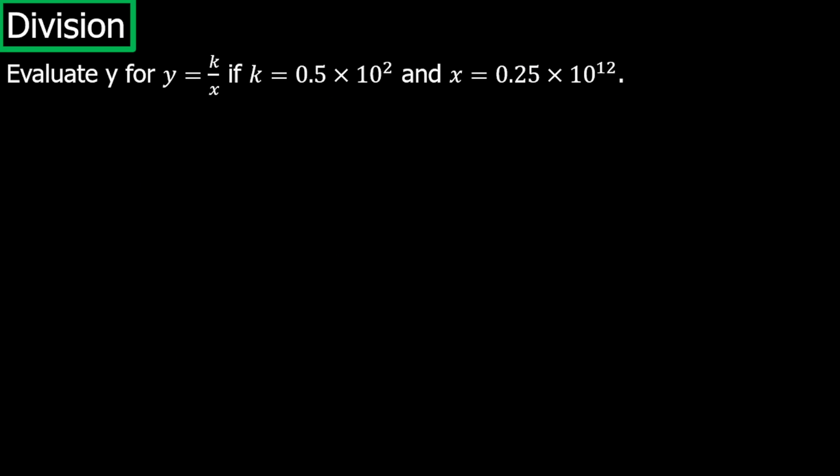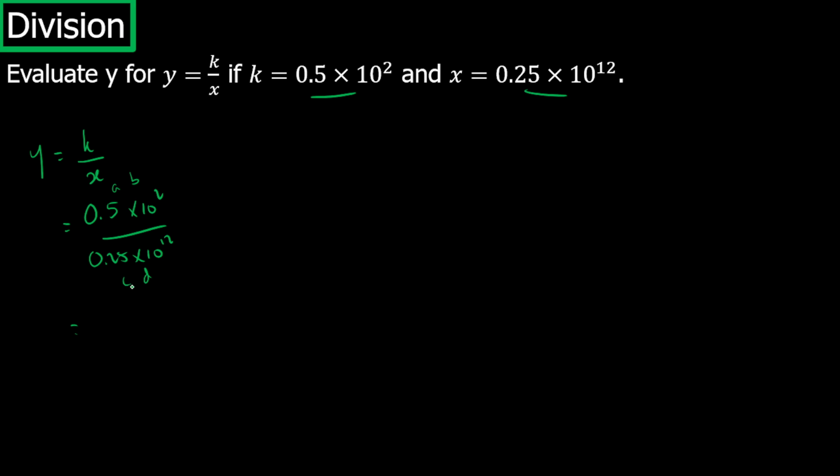What about division? For division, we can do as such: y equals k over x. Then I can substitute those values in again. So 0.5 times 10 to the power of 2, and 0.25 times 10 to the power of 12. Again, we have it in the form of AB over CD.